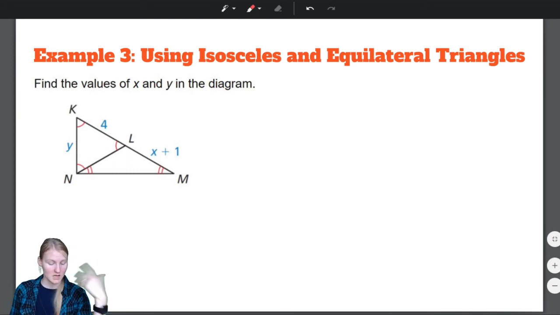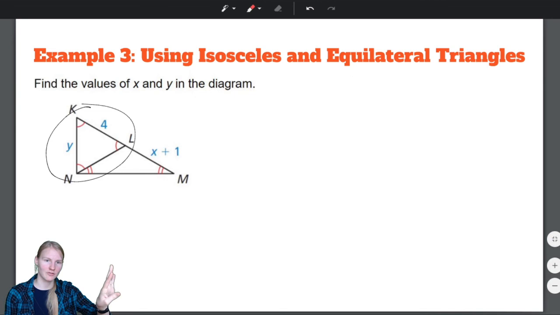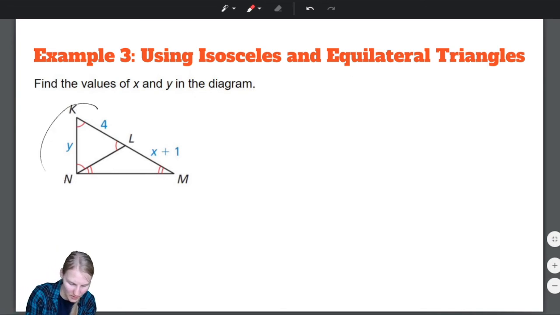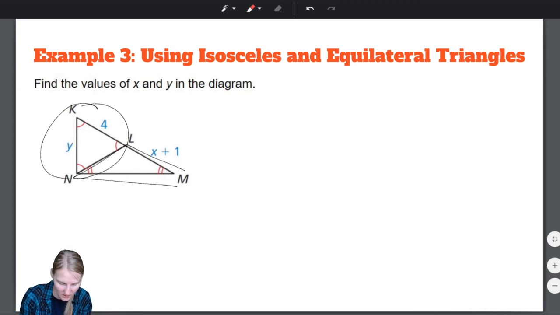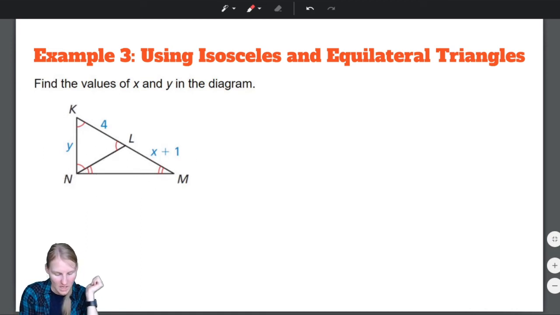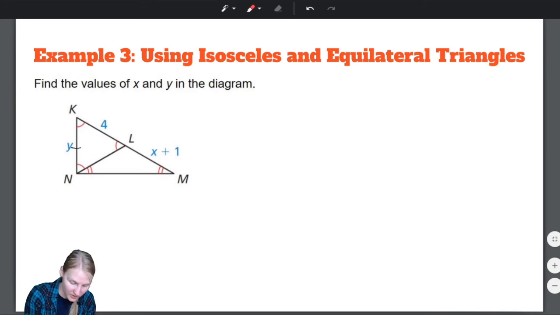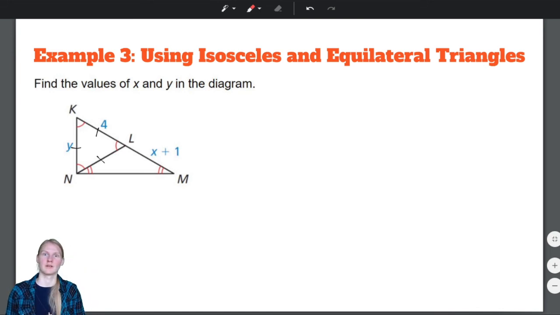Okay. Now, let me look at the angles. I notice that in the triangle on the left, right, there's 2 triangles in this diagram. There's KLN and there's MNL. So there's 2 triangles here. If I look at the one on the right, I notice that all of the angles are congruent, which means all of the sides are congruent.